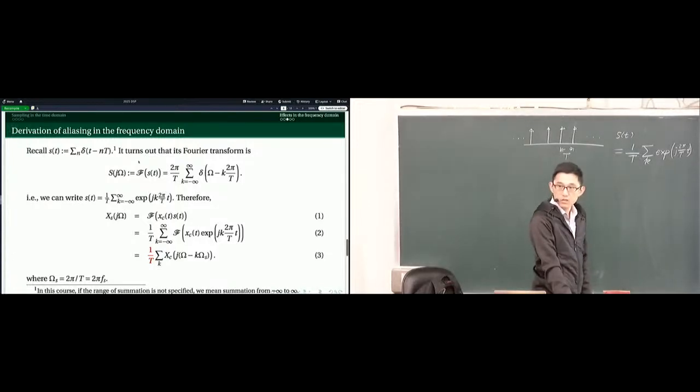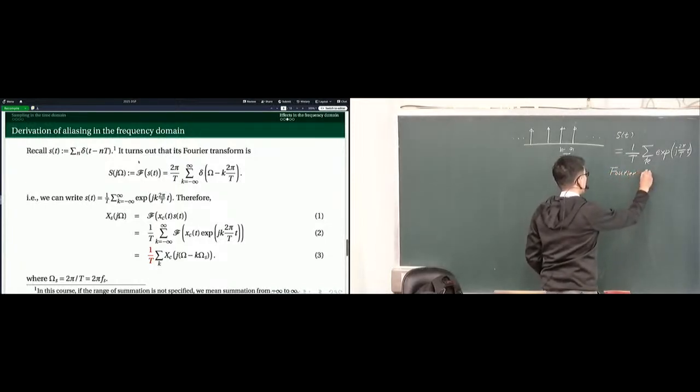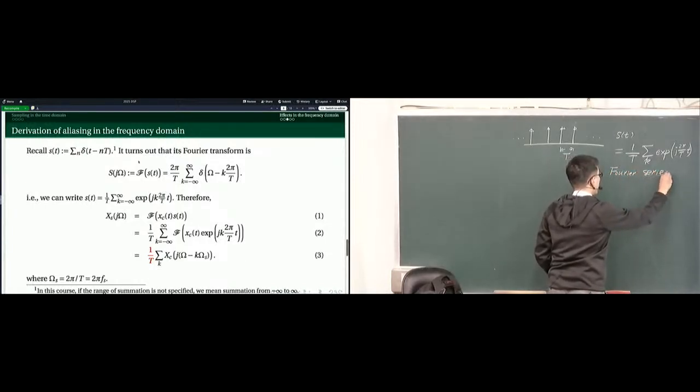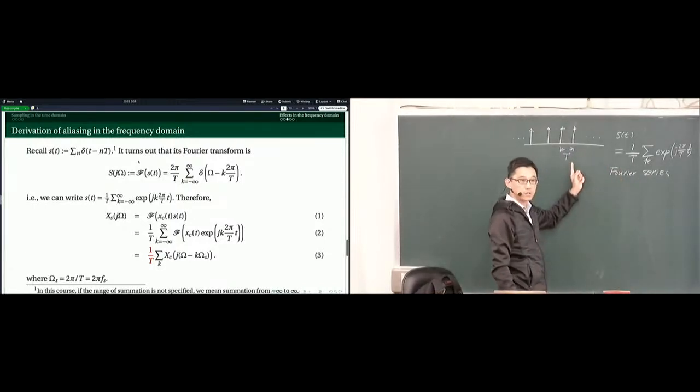Okay? So far, so good? This is a Fourier series expansion, and the reason we can do that is because this signal in continuous time is a periodic signal.